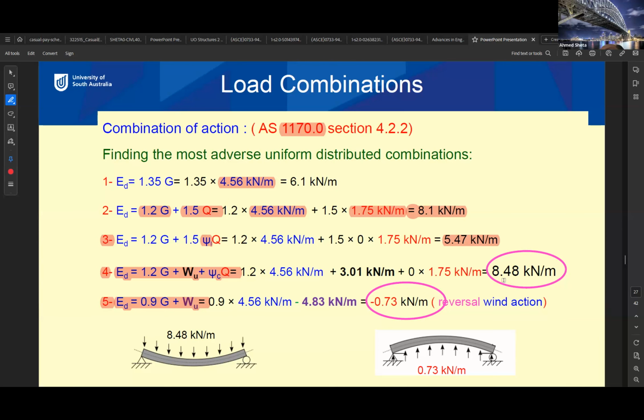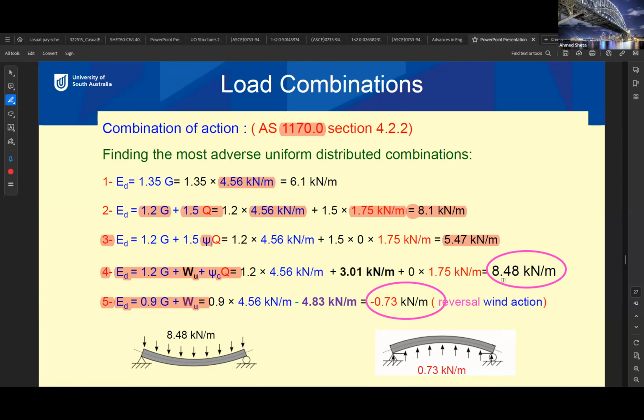So what do you expect from this load combination in your calculation? Then we use number 4 because it's the most adverse one. Yeah, we have to select 2. Why do we have to select 2? Because we have positive values and negative values. So what will we select? The maximum in positive and the maximum in negative.